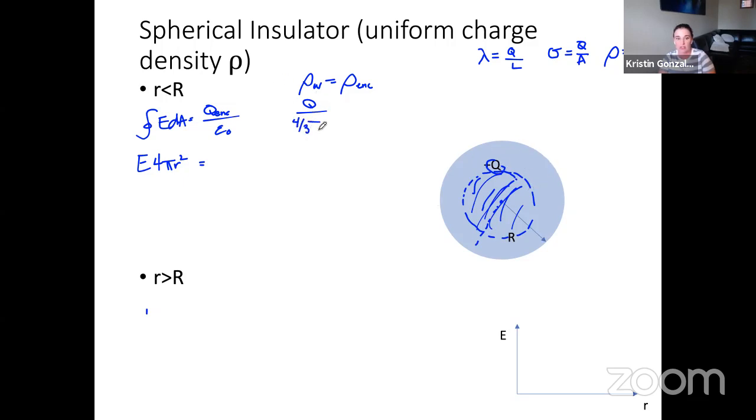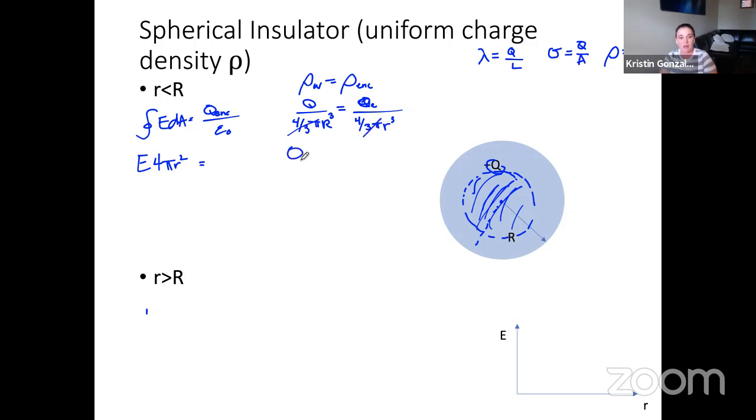So here we are going to use what R? Big R. That's got to equal the charge that I'm enclosing, so Q enclosed, over the volume of just my enclosed part, which is 4/3 pi little r cubed. Okay, now we can just solve for Q enclosed. My 4/3 pi is going to cancel.